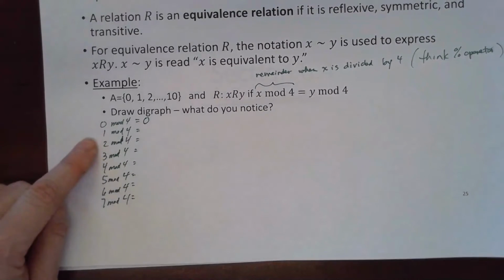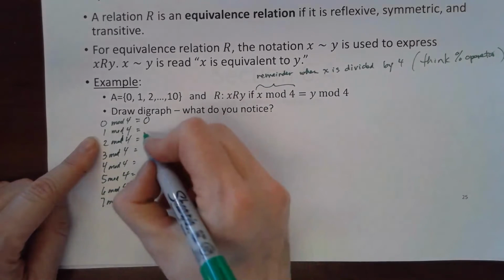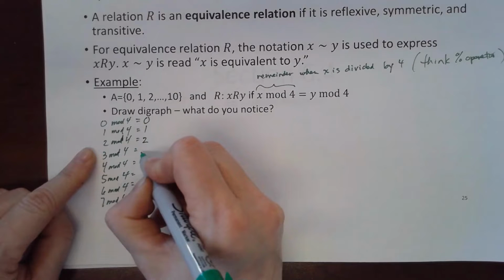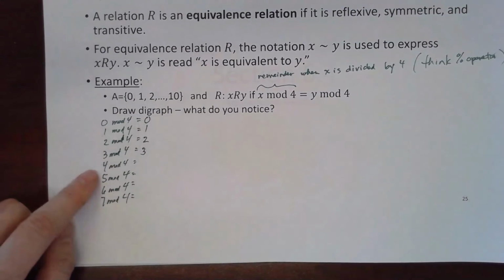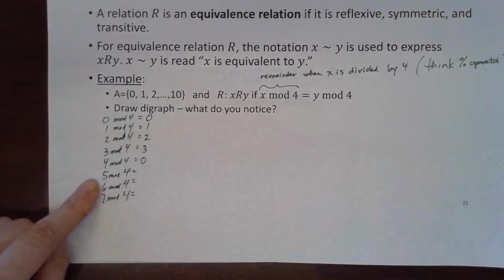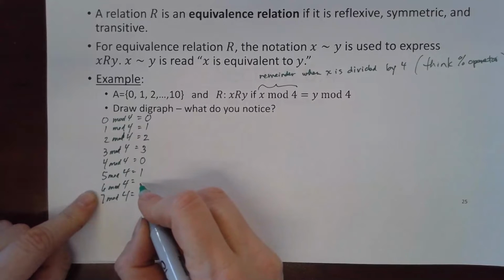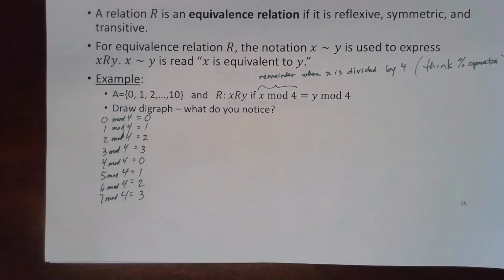If I divide 1 by 4, what remainder would I get? 1. And hopefully you can easily see you'll get 2 and 3. If I divide 4 by 4, what remainder? 0. If I divide 5 by 4, 1. And then hopefully you see 2 and 3. It's very cyclic in nature. If you've ever used this in programming, it's always for these cyclic things like circular arrays and circular print queues and all these things that kind of go in a circular fashion.